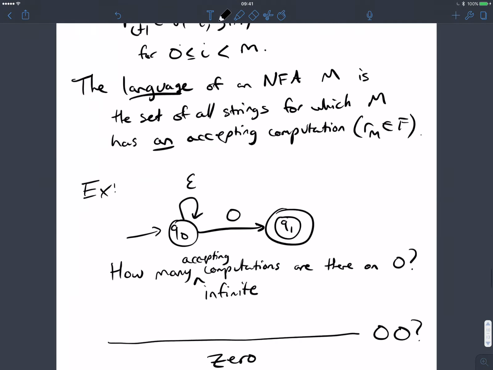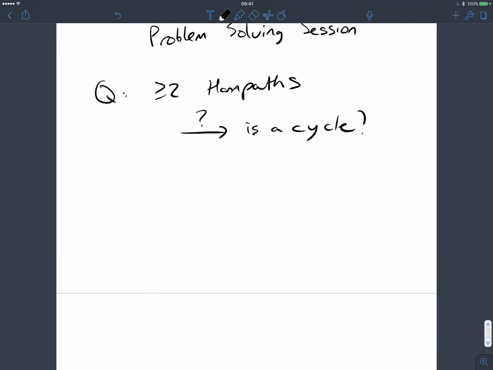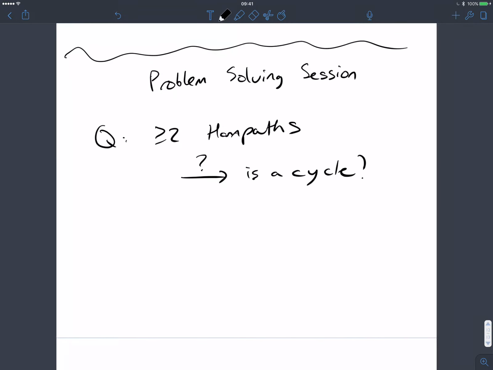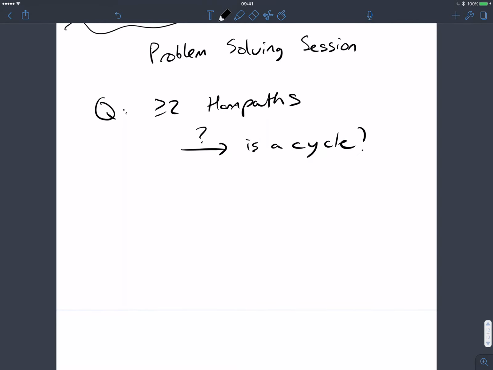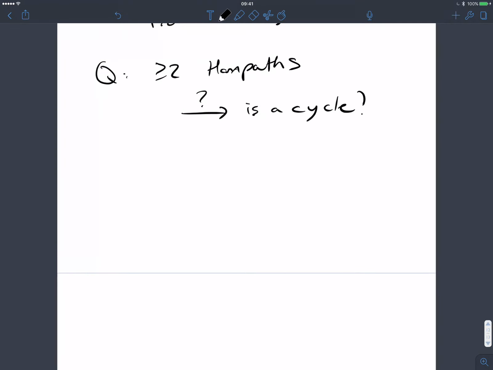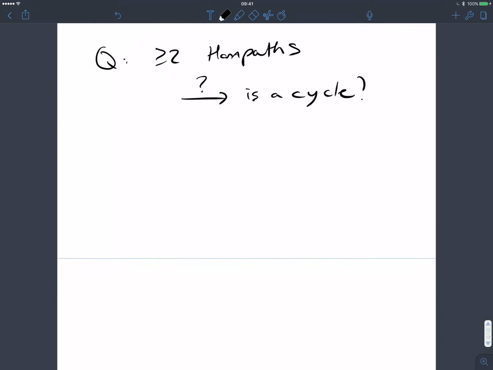Okay, cool. So I didn't prepare any, so I'm gonna think of some. One that I posted on Piazza was all the strings in {0,1}* such that 010 is a substring of the string W. Let's make that a little bit different.